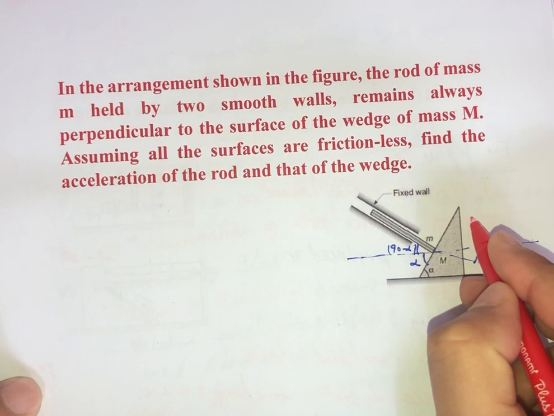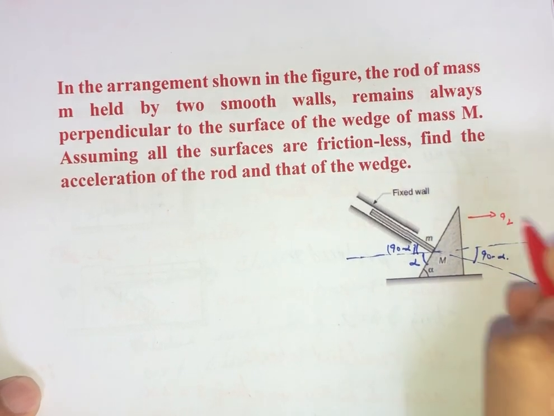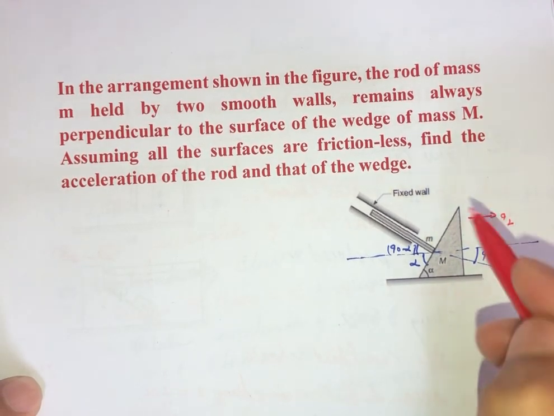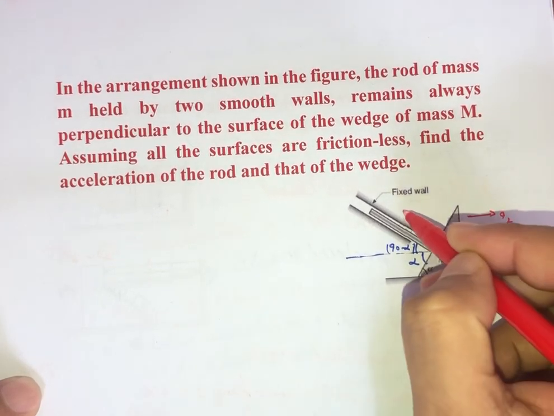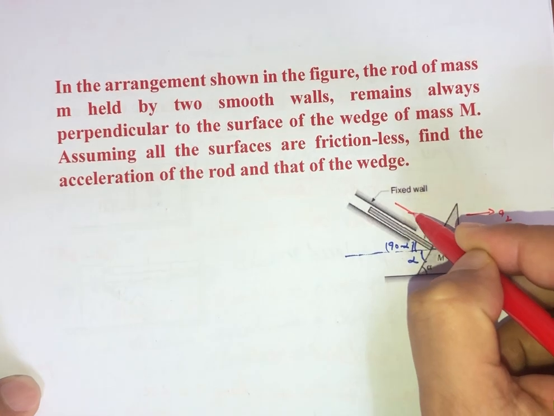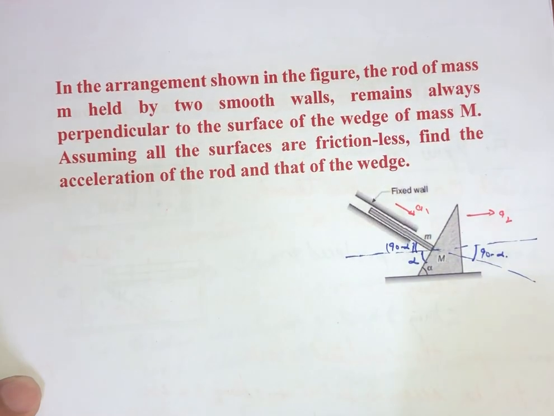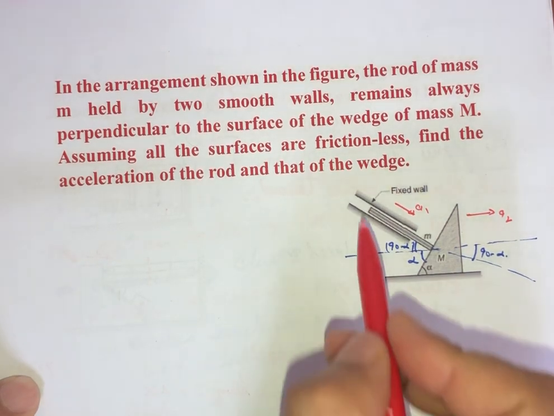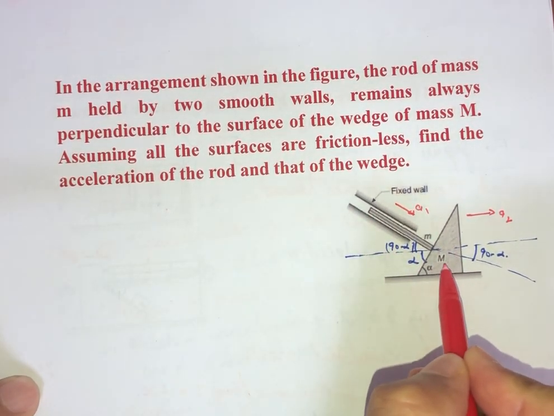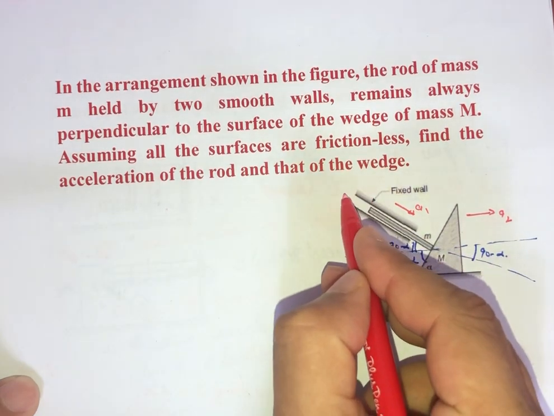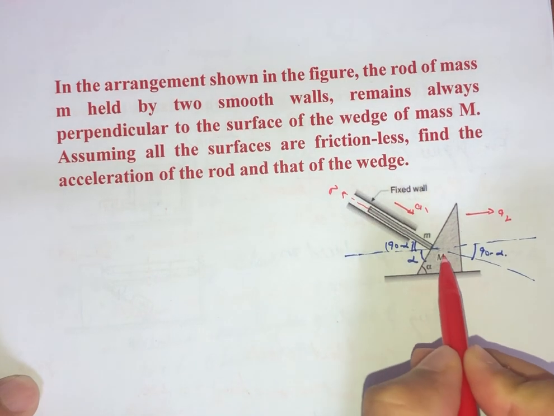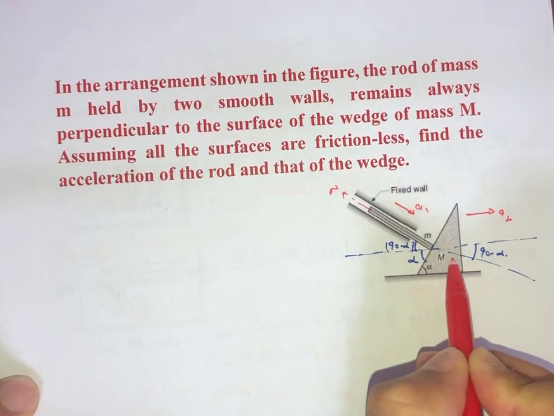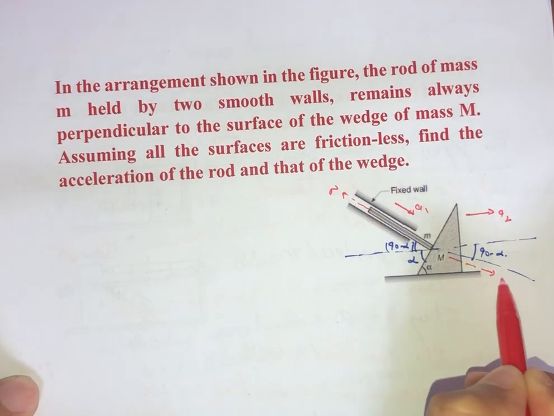See that the wedge moves with acceleration A2, capital M, in this direction, and the mass, or we can say the rod, is moving with the acceleration A1 in this direction. So we have two normal reactions. The first will be applied by the wedge on the rod, and let us suppose it goes in this direction, and another one in this direction.